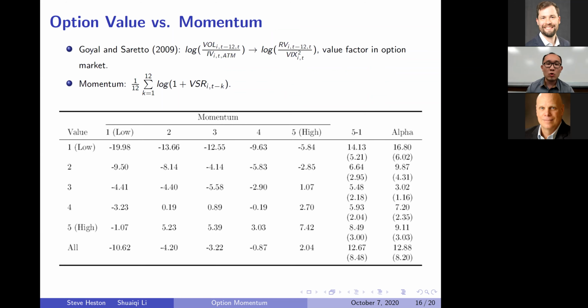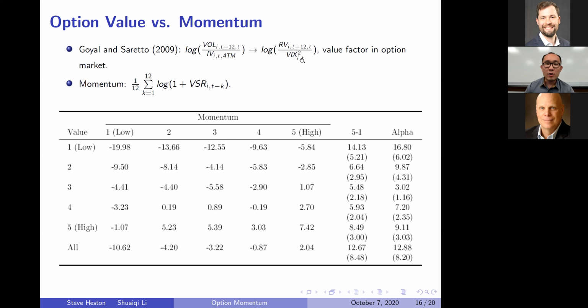Since they look at at-the-money straddle returns, the implied volatility is calculated using only at-the-money options. In this paper, the equity VIX portfolio includes options from all moneyness. So we replace their at-the-money implied vol with the VIX price. And this variable resembles a value factor in the option market.